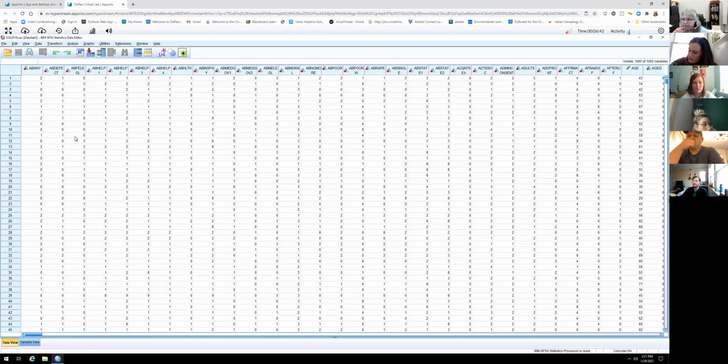If something starts looking rankable, we're in next week's ordinal. When things become rankable, we have a different set of policy analysis tools we have to use. So keep in mind, nominal is just categories that are descriptive, that can't be ranked, that in themselves can't be mathematically manipulated, have to be coded.